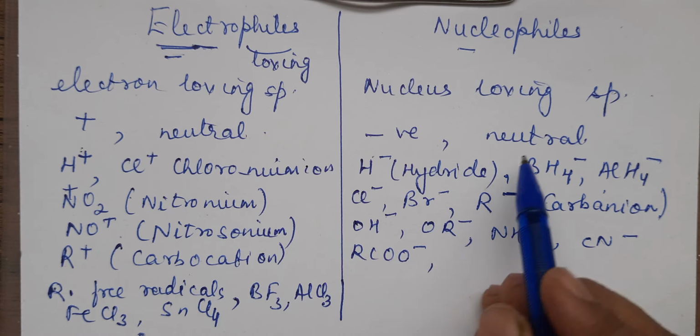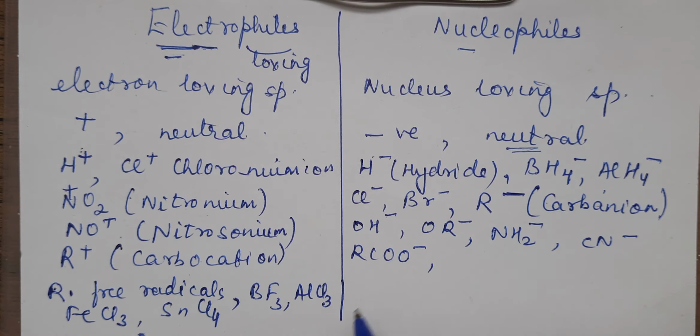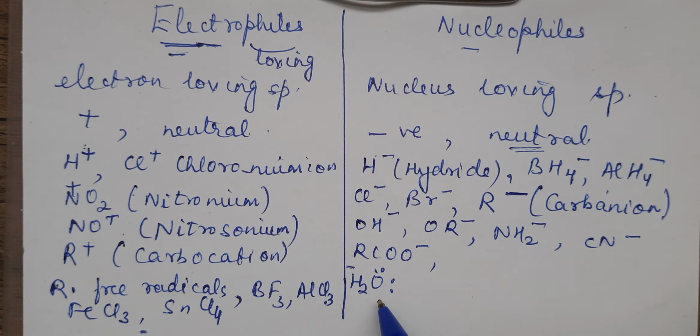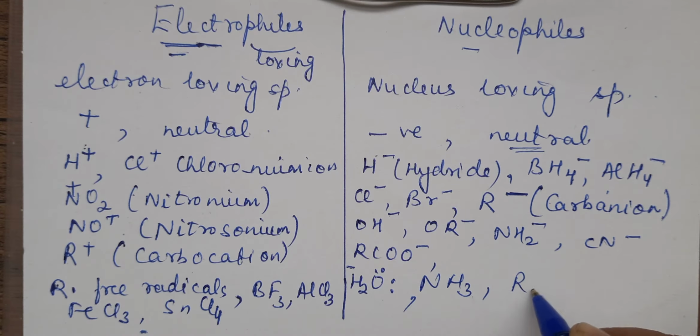Now we'll take examples of neutral nucleophiles. The neutral nucleophiles can be water. Why water? Because water is having a lone pair of electrons. This lone pair will have a tendency to attract some positive thing towards itself. If you remember, you have done this in dative bond formation. This will have a tendency to attract H plus towards itself. Likewise, you may have NH3. All amines will have 1 degree, 2 degree, 3 degree.